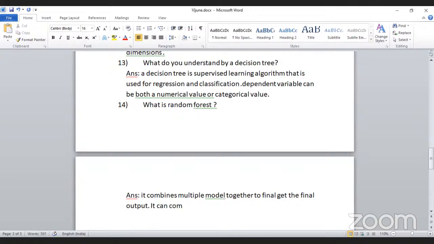It can combine multiple decision trees together to get the final output. In that scenario, when we combine multiple decision trees or models together, we are using a random forest.